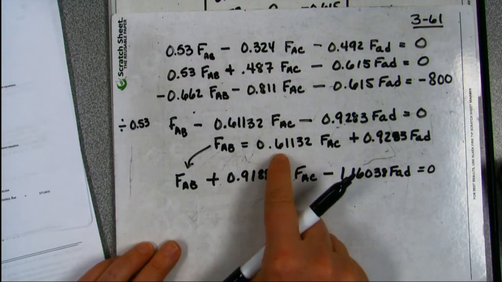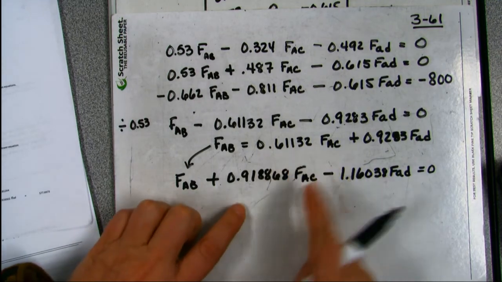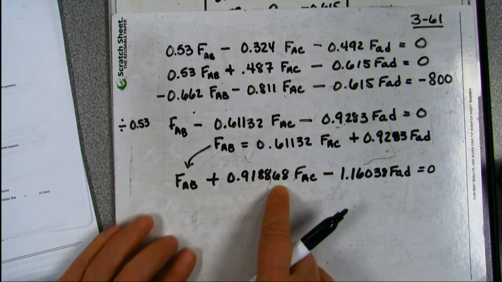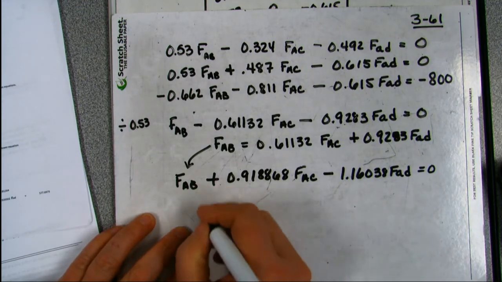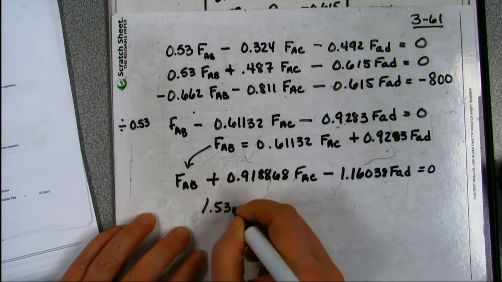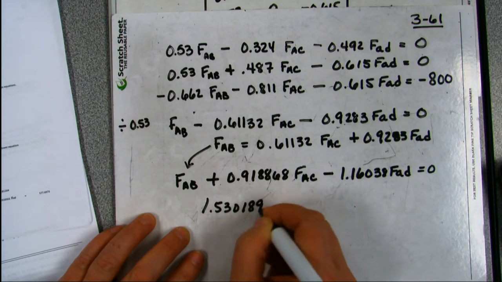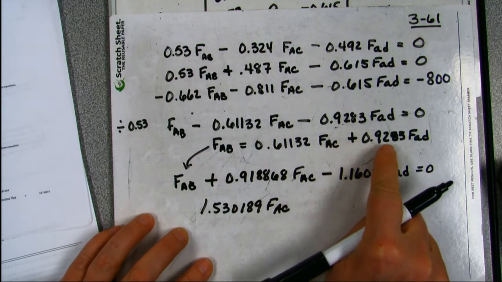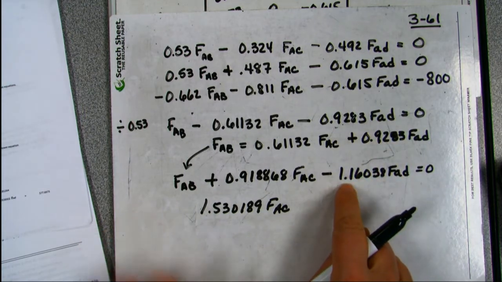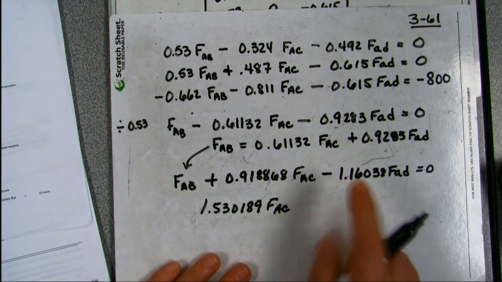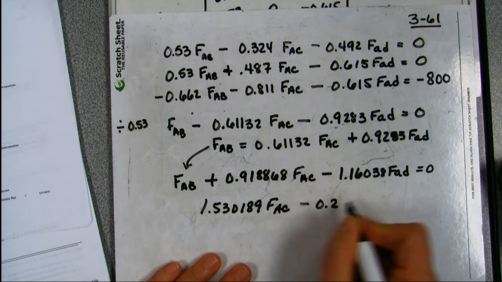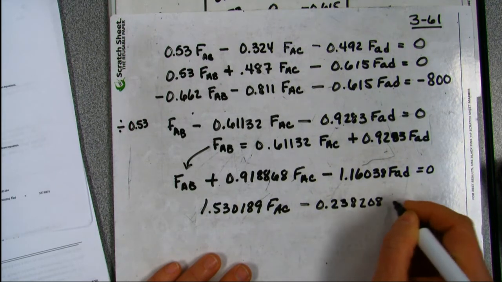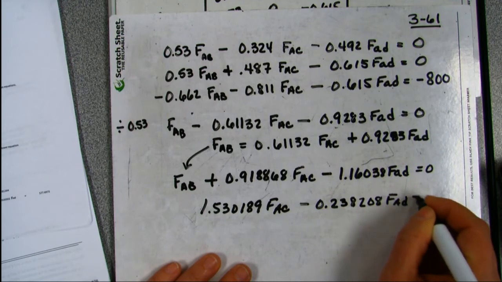So I got 0.61132 FAC. I'm adding it to the 0.198868, and that gives me 1.530189 FAC. 0.92283 plus that one gives me a negative 0.238208 FAD equals 0.